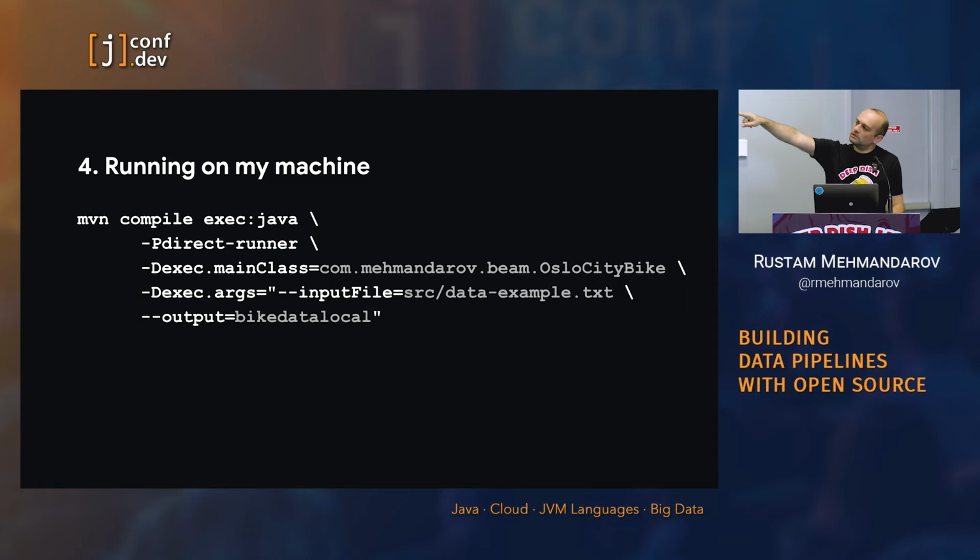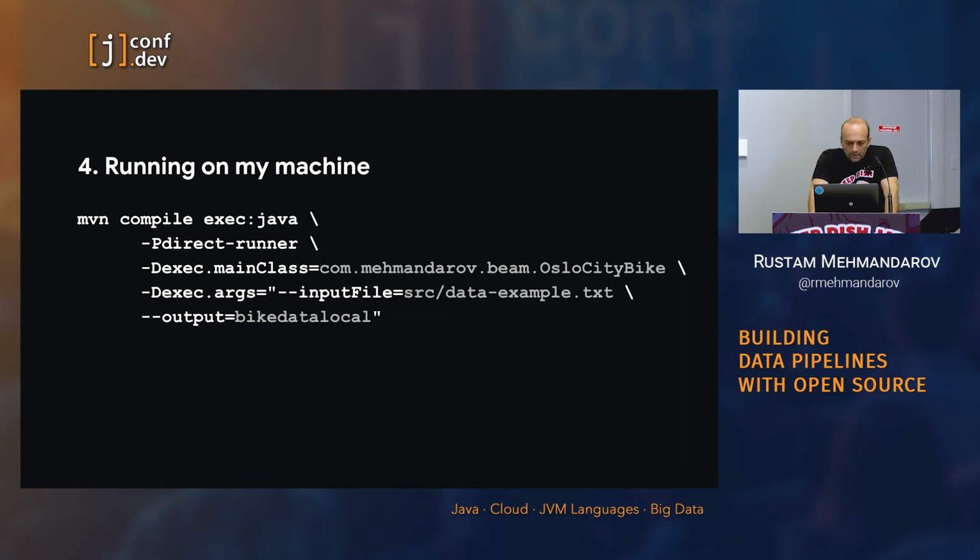I'm going to use DirectRunner. DirectRunner means I'm going to run it on my local machine. I create a pointer to a main class. I provide some arguments. So you remember I said pipeline options. Here I'm overriding one of the pipeline options to say where the input files are. And that's pretty much it.